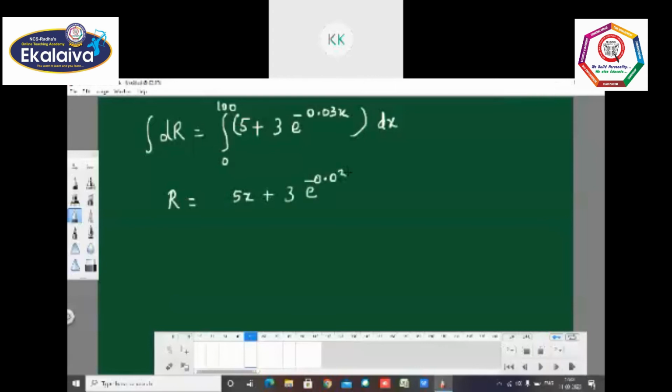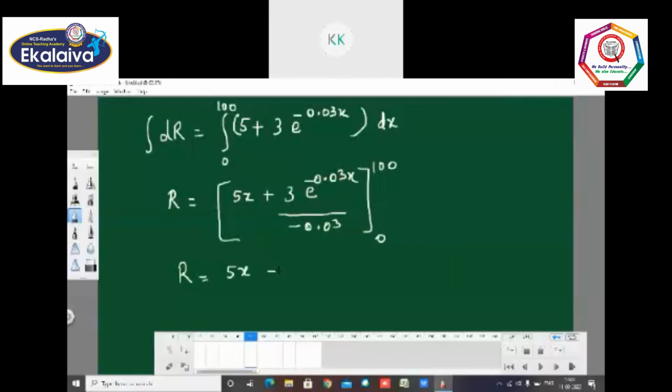dR, integral dR equal to integral 0 to 100 of 5 plus 3e power minus 0.03x into dx.